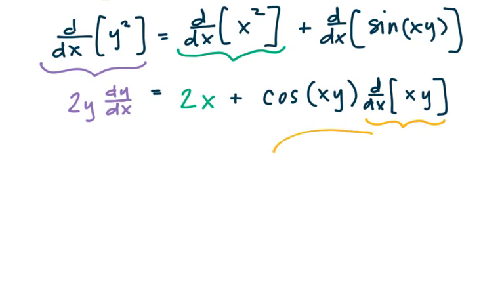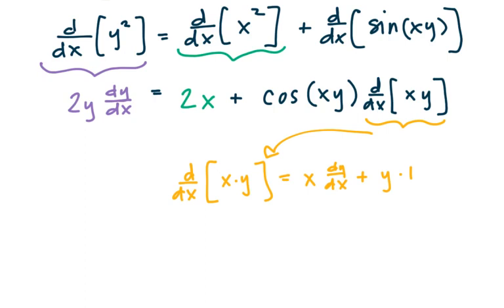So I'll come over here as my scratch work. d dx of xy, using our product rule, that's going to be the first, which is x, times the derivative of y. The derivative of y with respect to x is dy dx, plus the second, y, and then the derivative of x is just going to be 1.